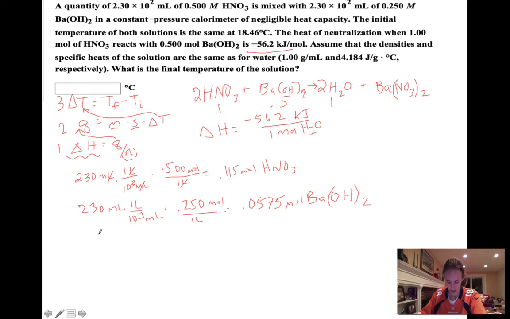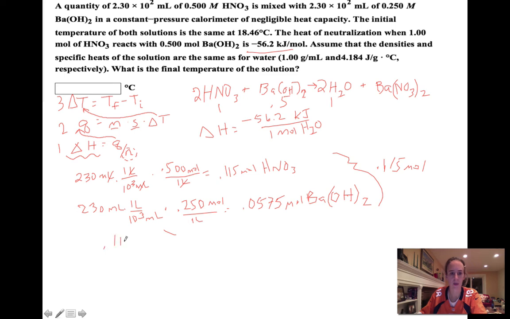So the fact that, again, our coefficients of 2 on both the nitric acid and the water, that means that this combination of the two reactants is going to give us 0.115 moles of water. And so that's going to allow us to calculate exactly how much heat is given off.